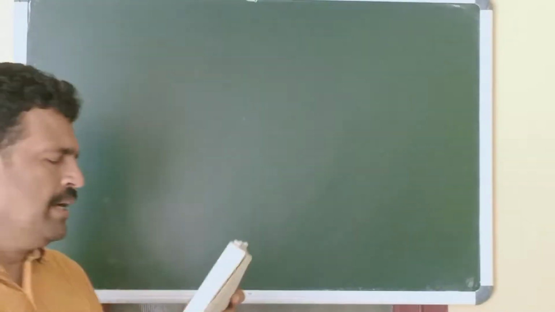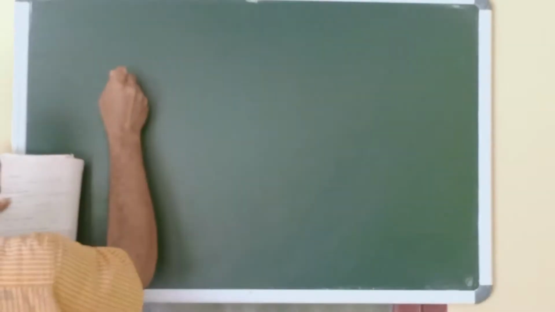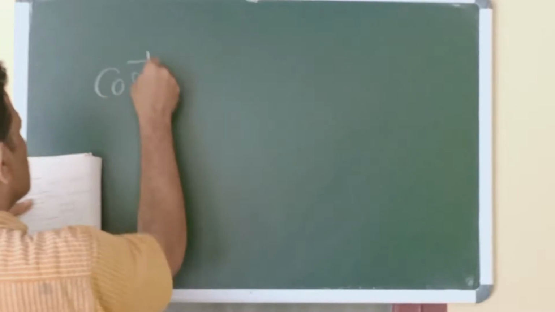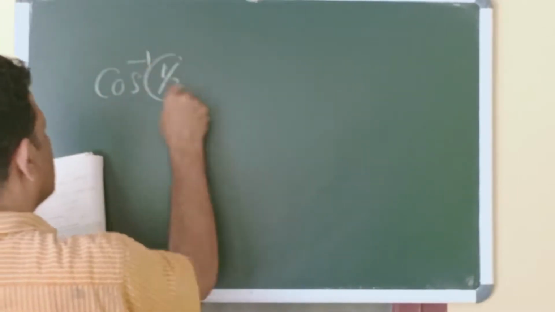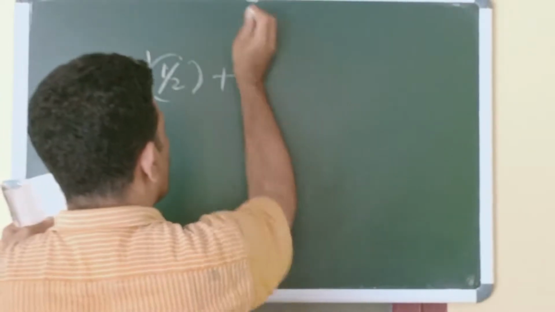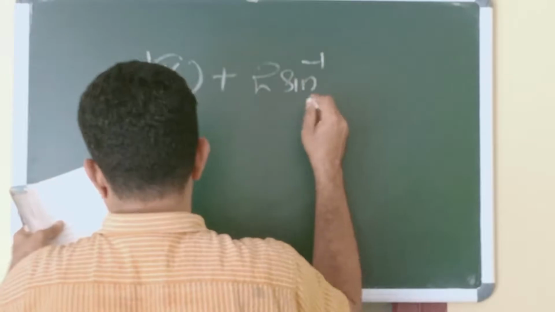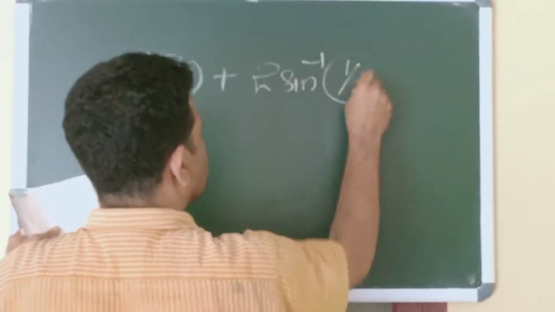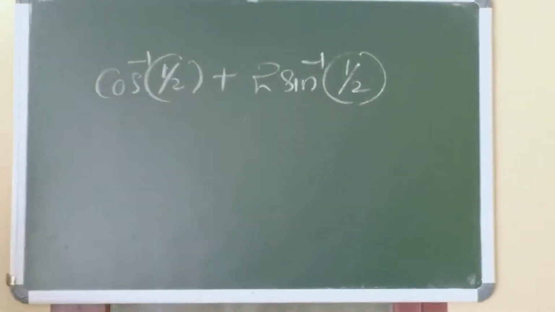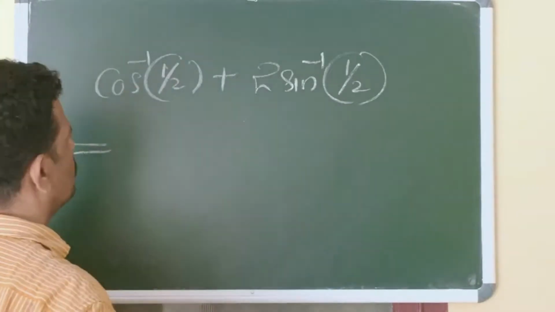Now we have to take another question, that is cos inverse of 1 by 2 plus 2 into sin inverse of 1 by 2. Here, first of all, we can find the cos inverse 1 by 2.